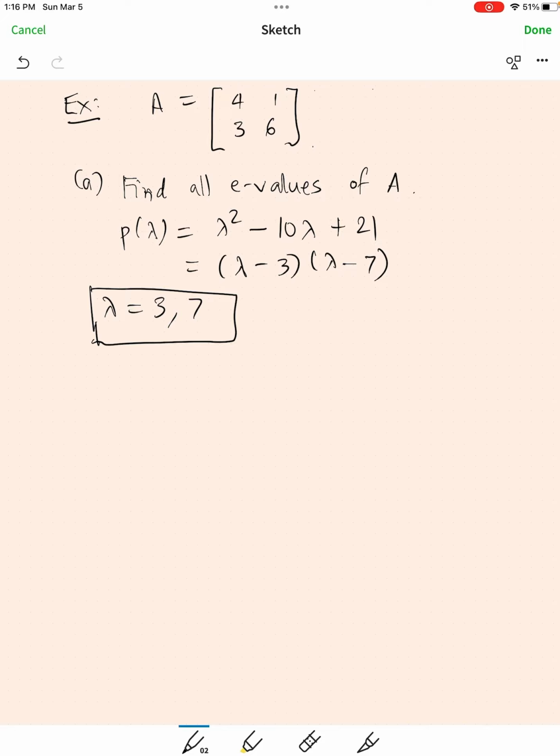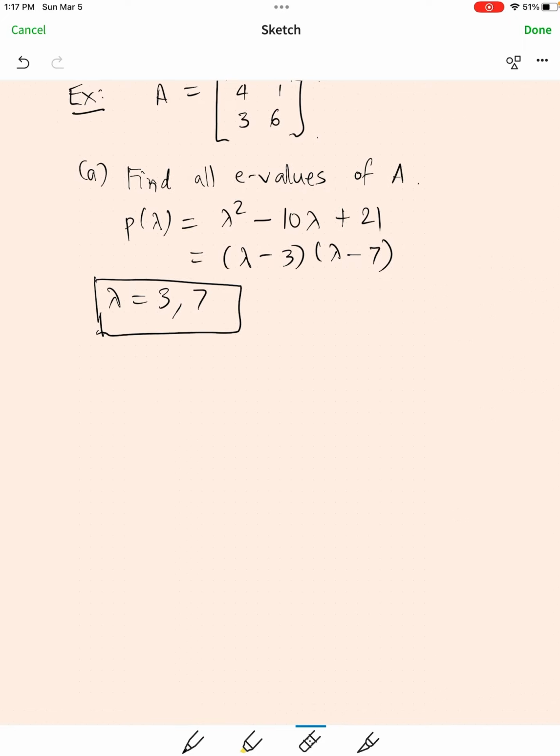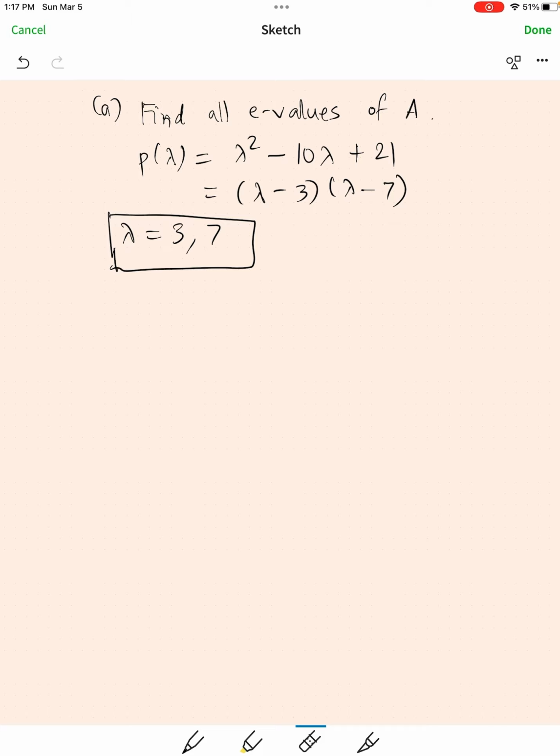Okay, that's easy. And so is this matrix diagonalizable? Yes, right? Because I have two distinct eigenvalues. In general, if you have an n by n matrix and you have n distinct eigenvalues, then your matrix is diagonalizable because the algebraic multiplicities are all 1, and so the geometric multiplicity also has to be 1, and so they're all equal.